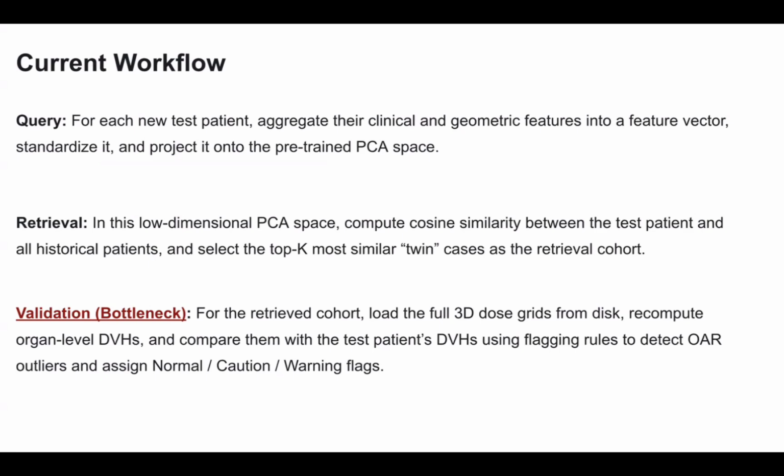Doing this IO-heavy and DVH-intensive work one patient at a time across thousands of patients is extremely slow on a single core. That's why I want to parallelize this validation workflow in this final project, so multiple patients can be processed at once and the whole cluster is actually used.